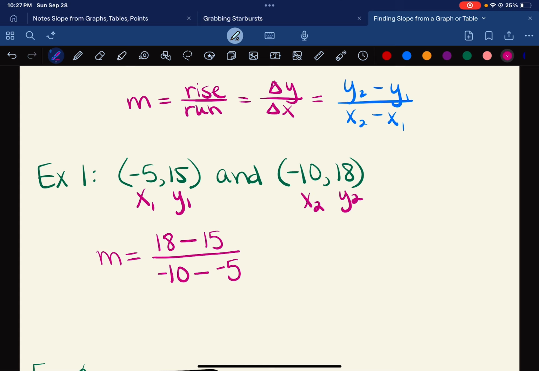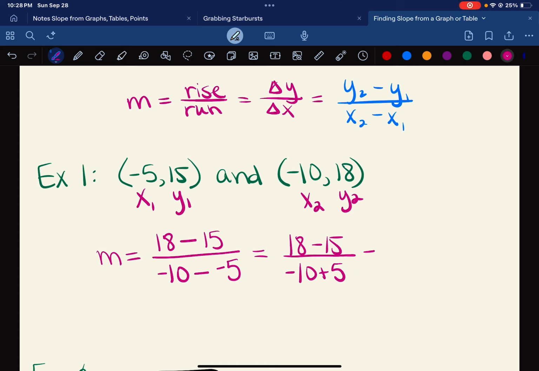So I want you to pay attention here that we have this double negative, right? We have minus a negative value. So I'm going to rewrite this just so it's a little easier to understand. Our numerator is still 18 minus 15, but our denominator is -10, and minus a negative, because they're the same sign, turns into a positive 5.